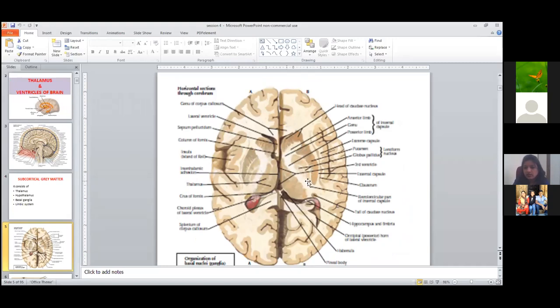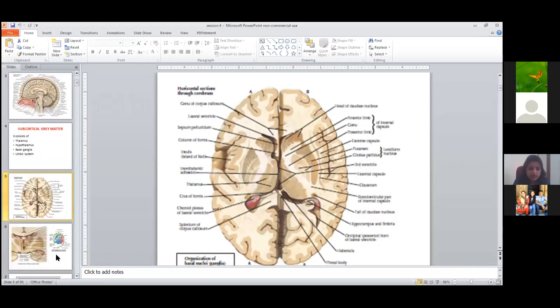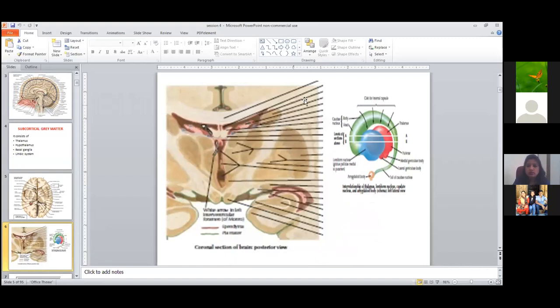This internal capsule is nothing but white matter that you'll study in tomorrow's class. Again, this is a coronal section in depth. You can make out the thalamus here. This is the caudate nucleus, which has the head, body, and the tail, and the tail has the amygdaloid body.